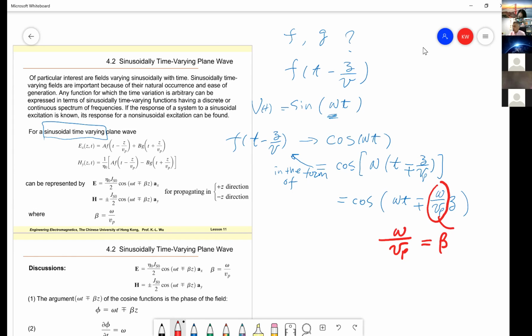Beta we call the wave number. We will have more discussion on this. So beta is omega divided by the phase velocity, and omega is the angular frequency, 2 pi f.